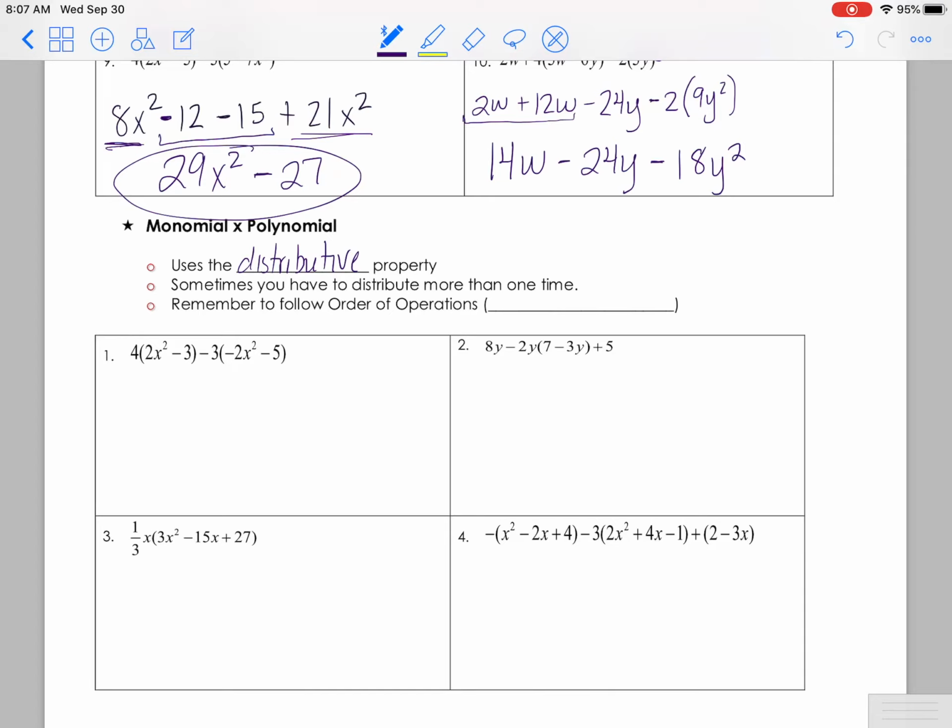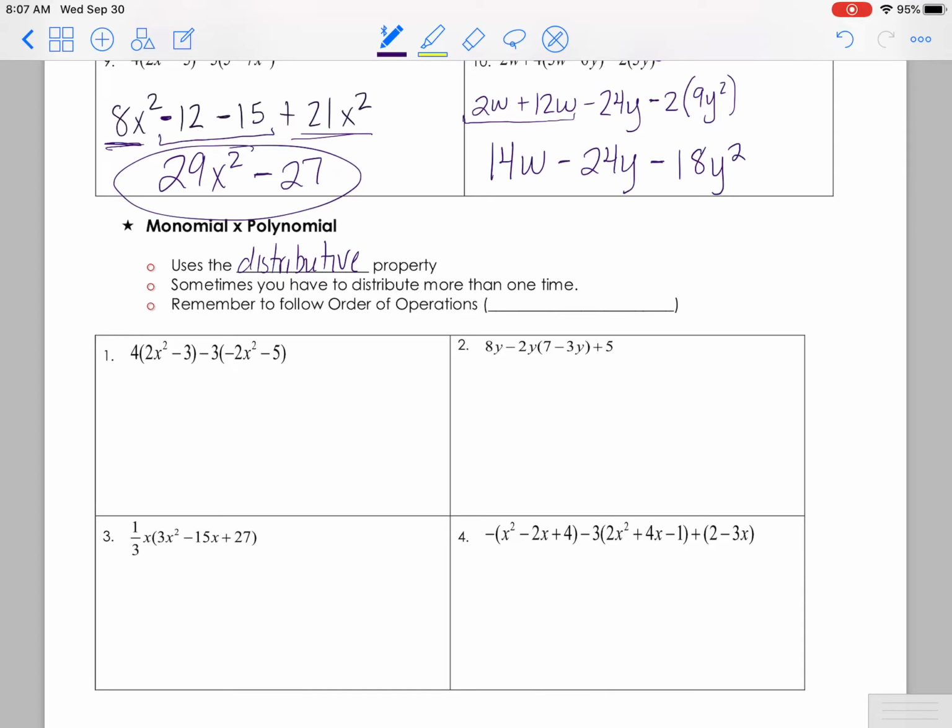All right, this one here, pretty long one. We're distributing, there's an imaginary negative 1. So I would get negative x squared plus 2x minus 4.